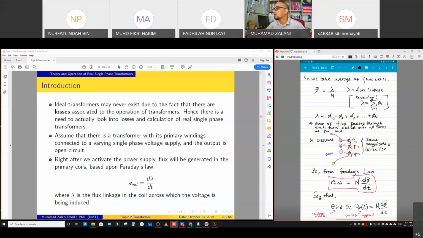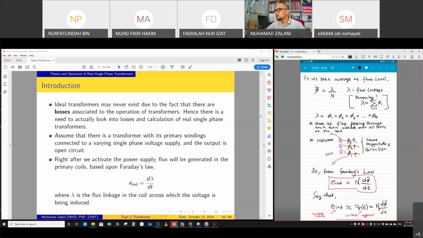So we added all together phi, meaning that that one is flux linkages, divided by N number of turns. Meaning that, for example, let's say we have 100 turns here. So we add all together phi 1 plus phi 2 plus phi 3 plus until phi 100. And then we divide that by 100. So we get the phi average.